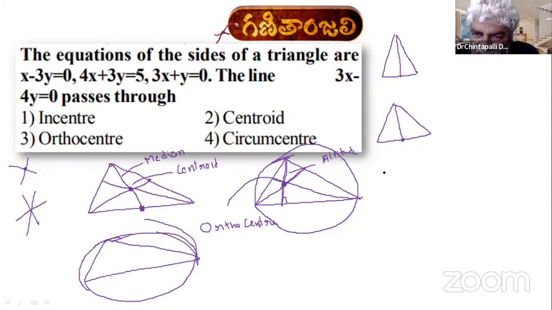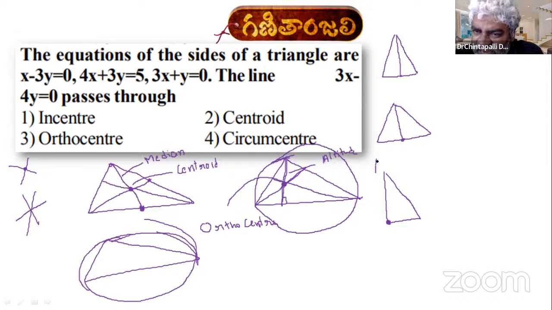If it is a right angle triangle, see one thing: the circumcenter is the same as the vertex at which the 90 degree angle is. The circumcenter and the vertex at which the right angle is there coincide.